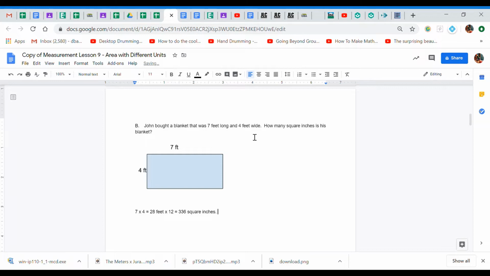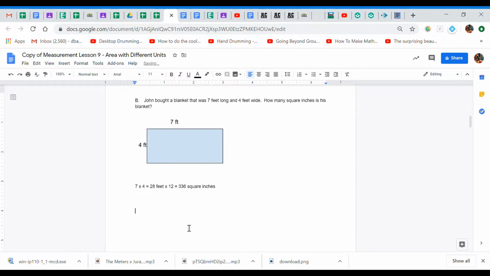You know what, that's not a bad way of thinking about it, but there's something a little different about area that we need to know with our unit conversions. So 336 would be correct if 1 square foot was 12 square inches. But I'm going to draw you a picture to show why this answer doesn't work.